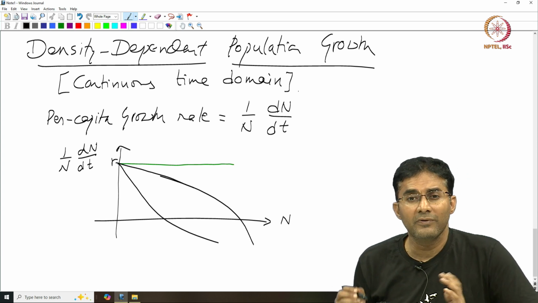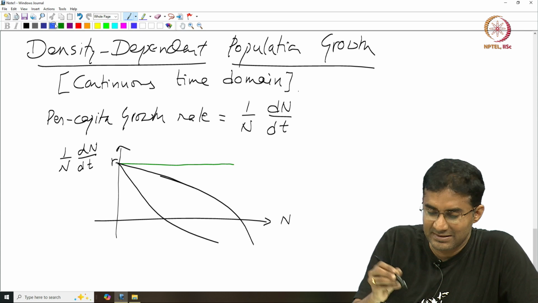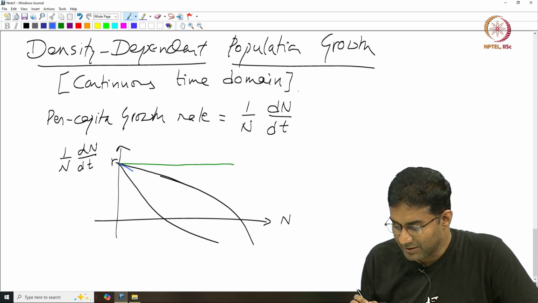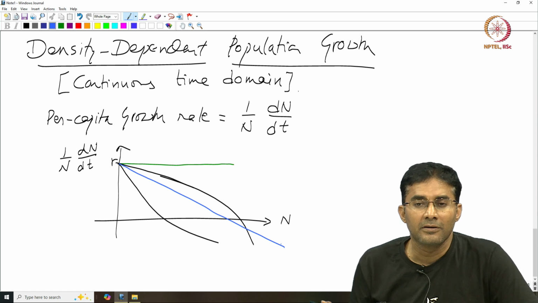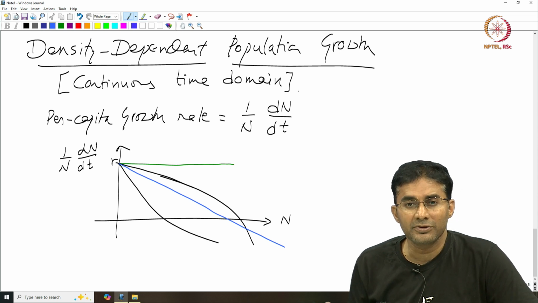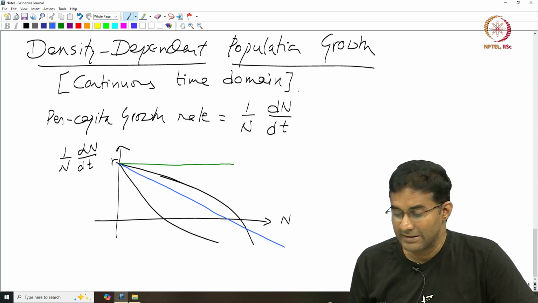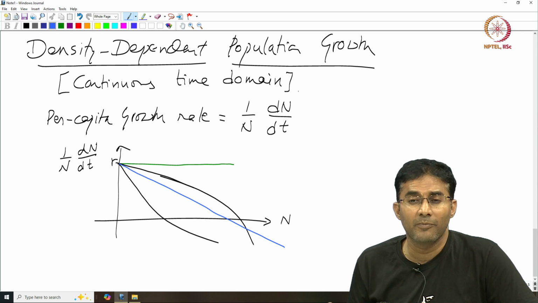So, for the sake of simplicity, we will assume that the decline in the per capita growth rate is a linear function of the population density.